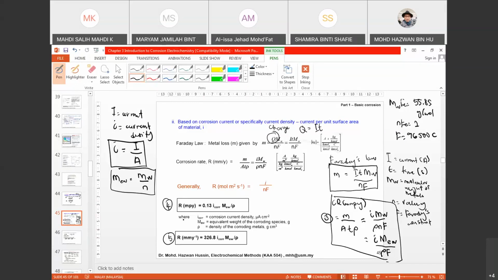Equations 4 and 5 are used if you do electrochemical measurement using a potentiostat.